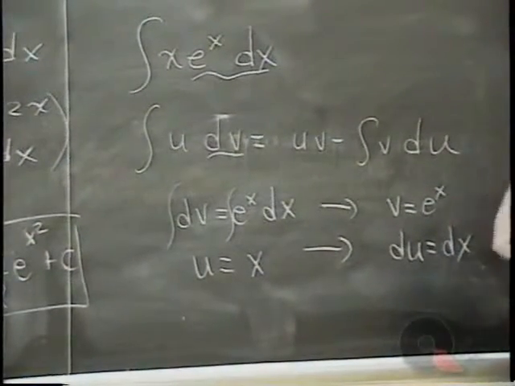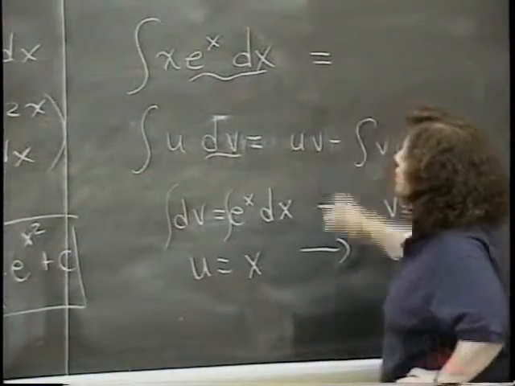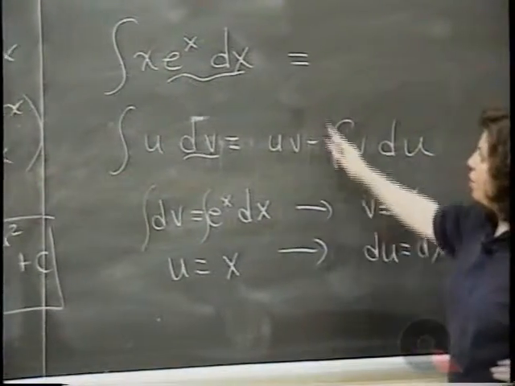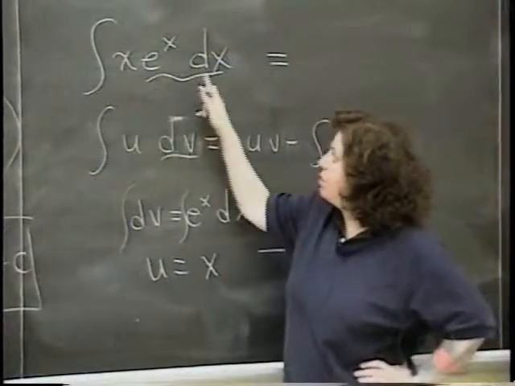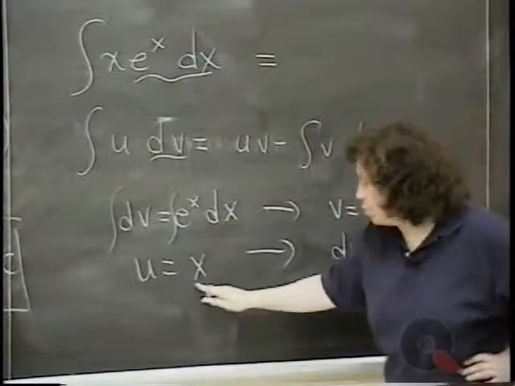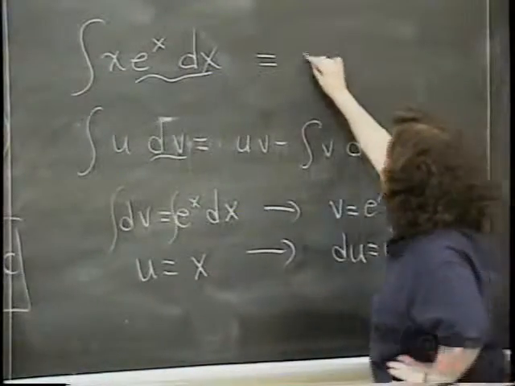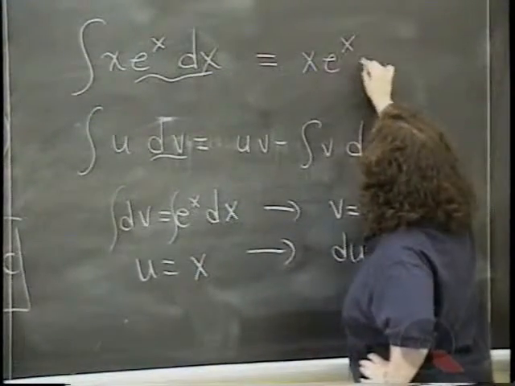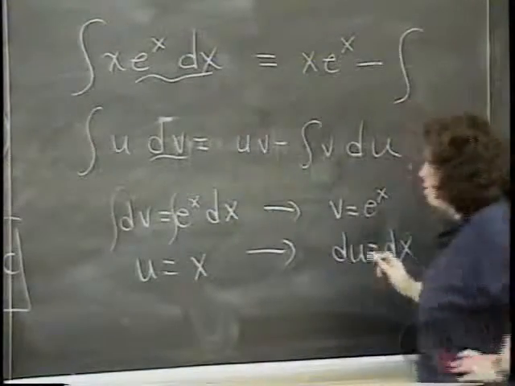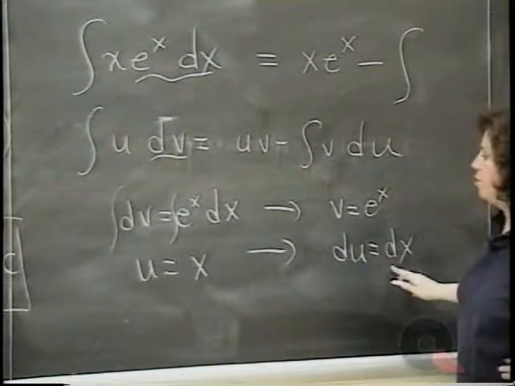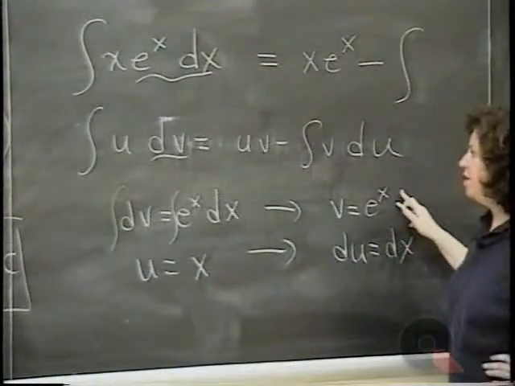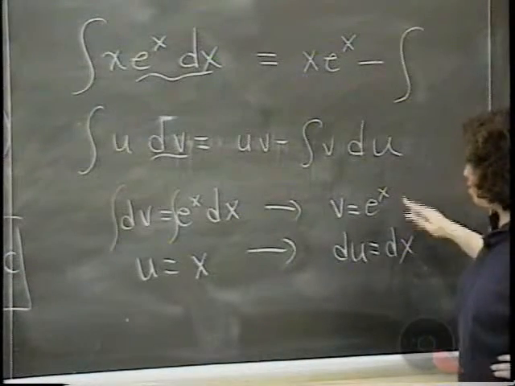Now, let's see what happens. This is now the integral of u dv. Accordingly, it should be equal to uv, which would be x e to the x, minus the integral of v du. So it's uv minus the integral of v du.